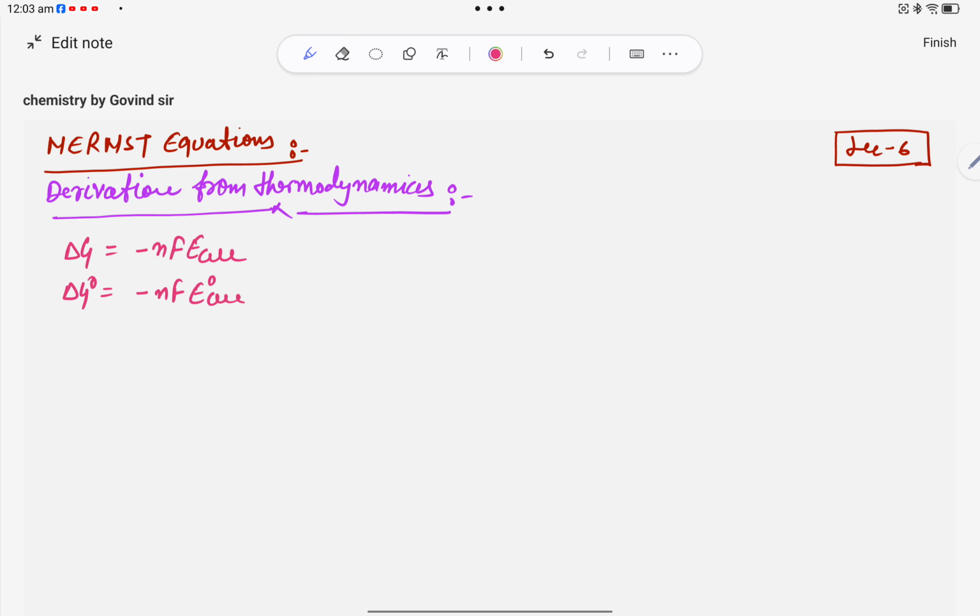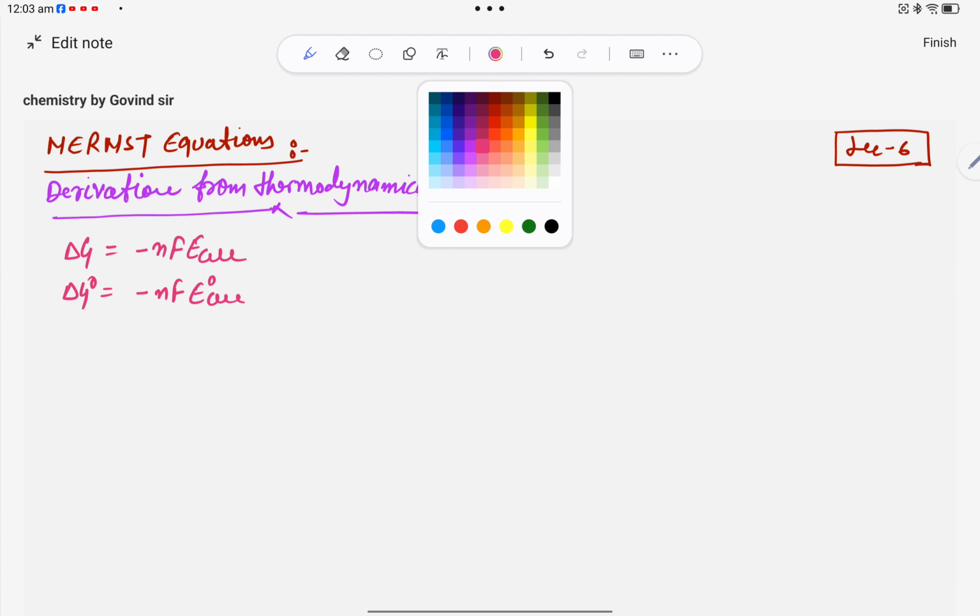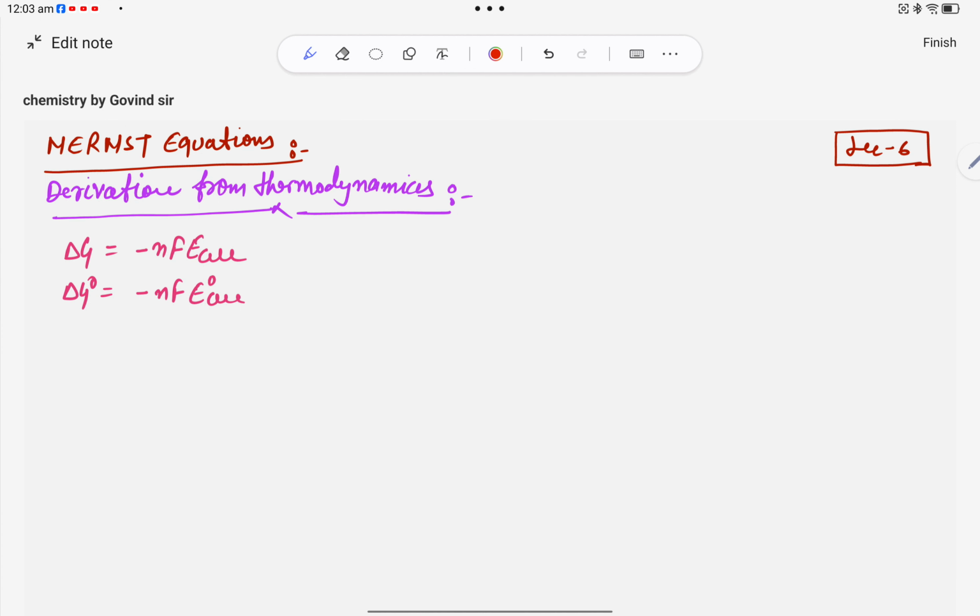But we know that from thermodynamics, delta G is equal to delta G naught plus 2.303 RT log Q base 10. Where is this coming from?